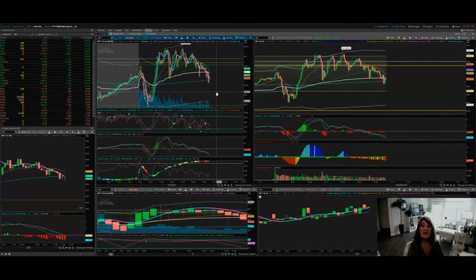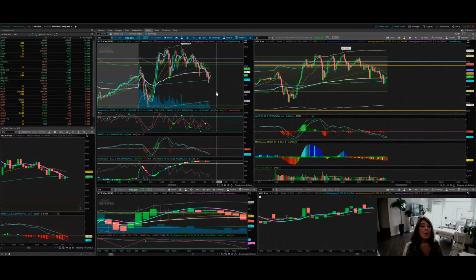Dropped all the way down to 670 on the SPY. 670. That's an extreme drop. That is untested. We have not come back there. We have not even visited it in regular hours. I think it's going to have to be tested. Does it have to be today or tomorrow? No, it doesn't. Does it have to be next week? No, but it does have to get tested. It absolutely does.